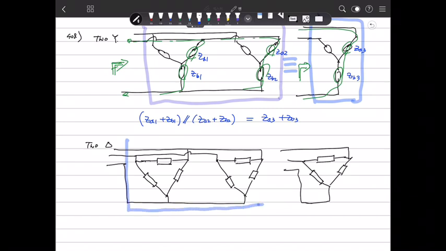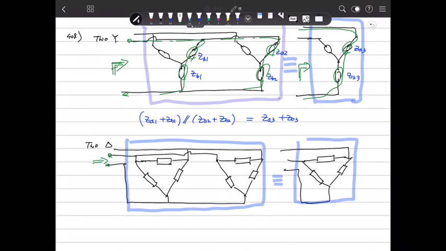If they are the same things, that means this term and this term are the same. Now what should we do? We need to see this from the delta point of view over here. For example, this line and this line.